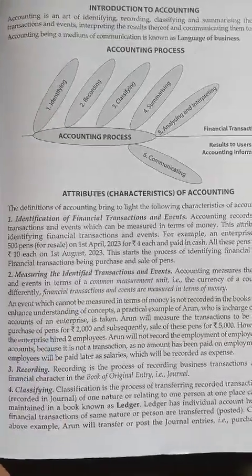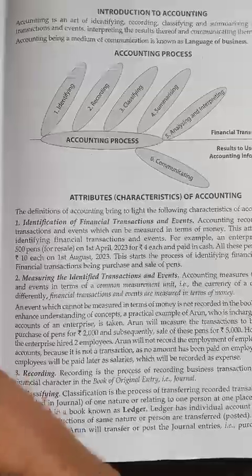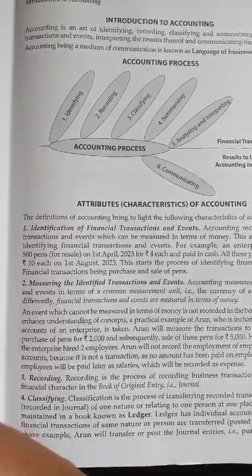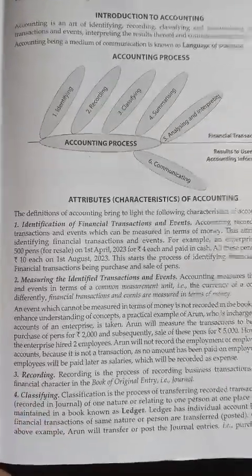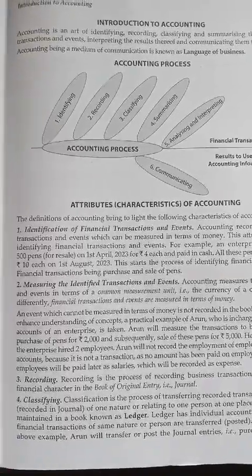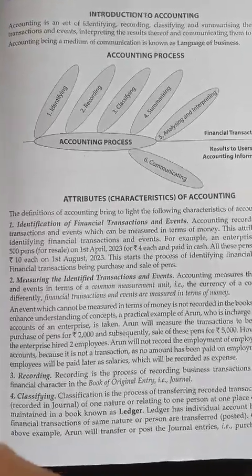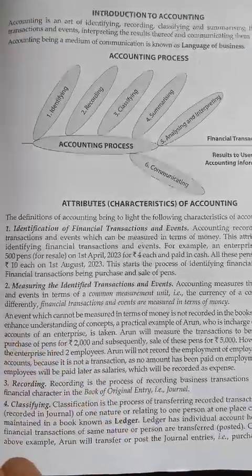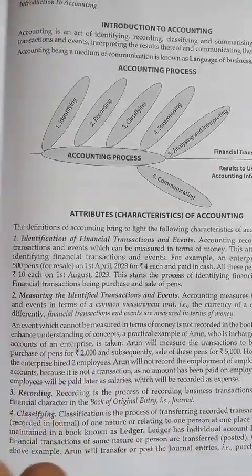To live and to improve our standard of living, we need money, so we have to earn money. Some are doing a profession, some are doing jobs, that is employment, some are doing business. Our main subject matter here is business.